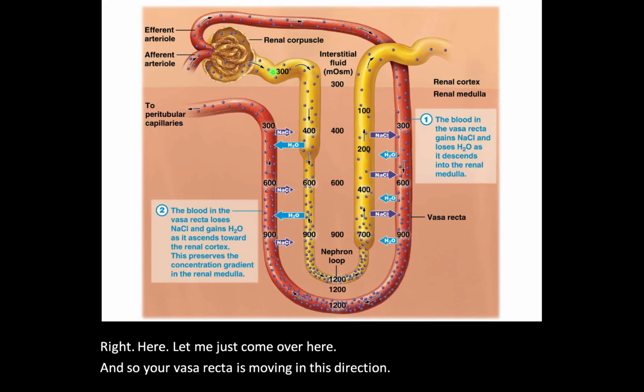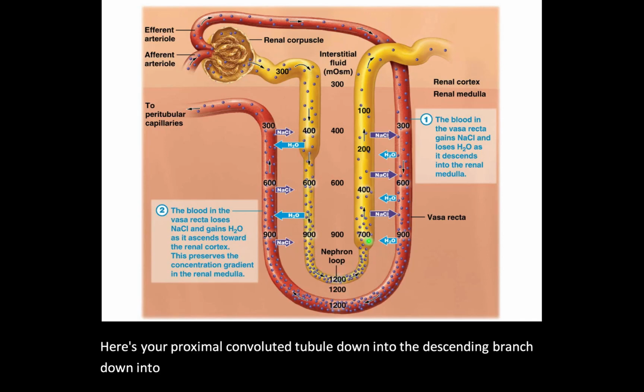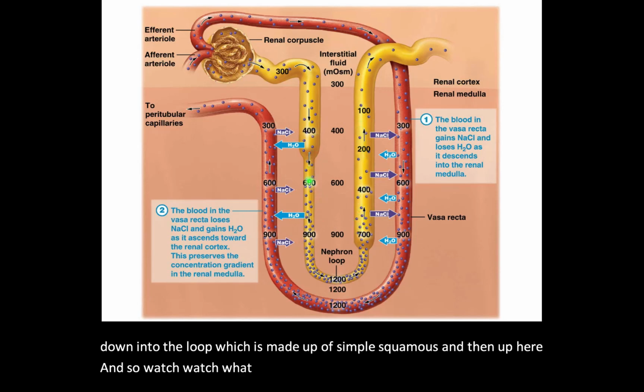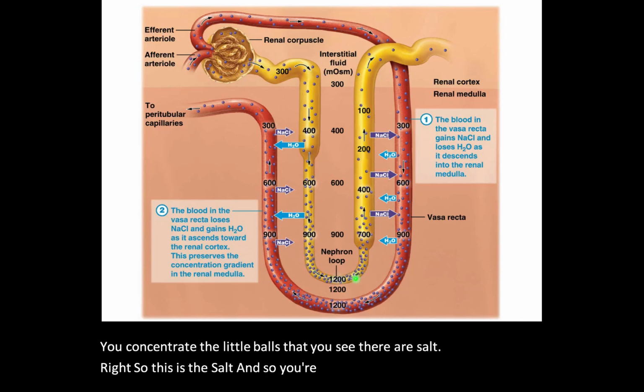Here's your proximal convoluted tubule down into the descending branch, down into the loop, which is made up of simple squamous, and then up here. And so watch what happens. The little balls that you see there are salt. So you're super concentrating the osmolarity of the salt.